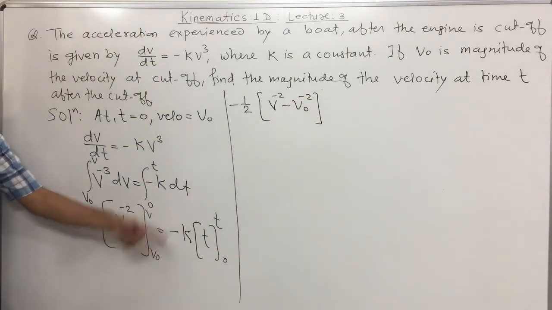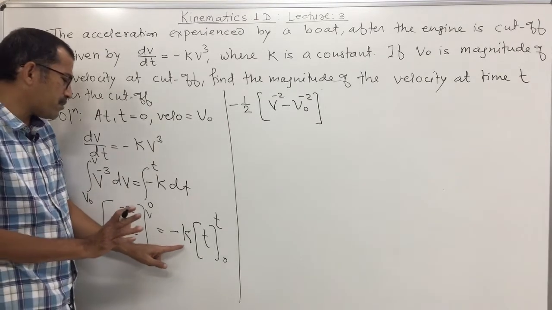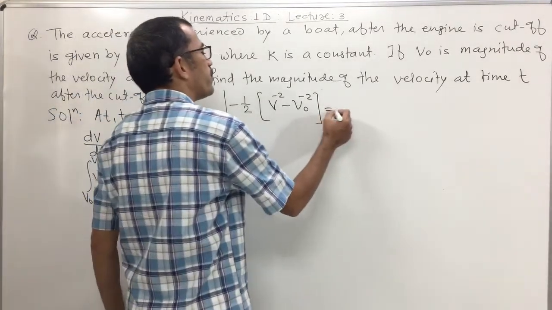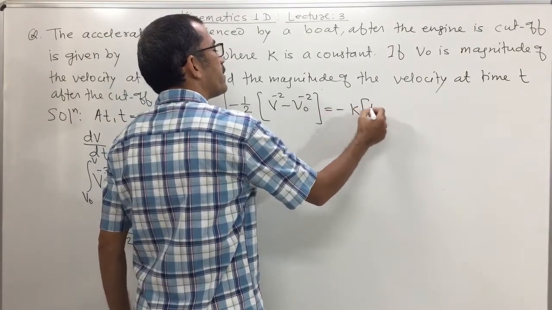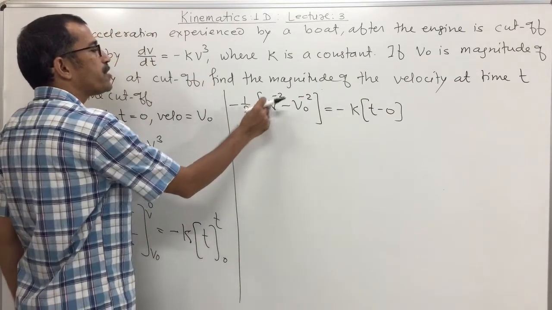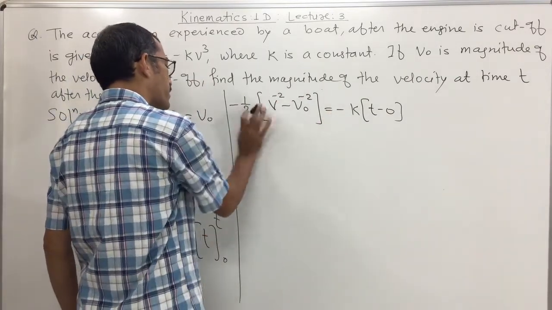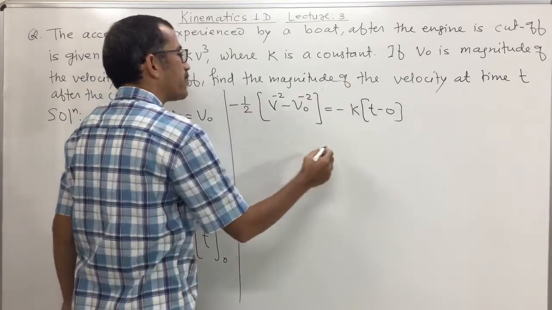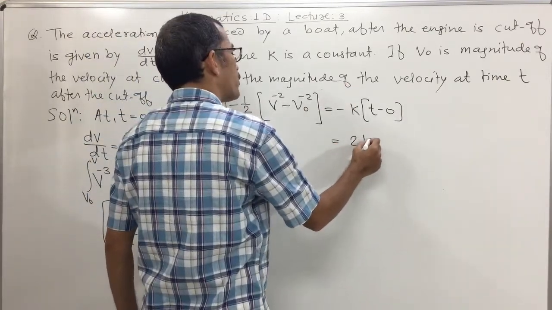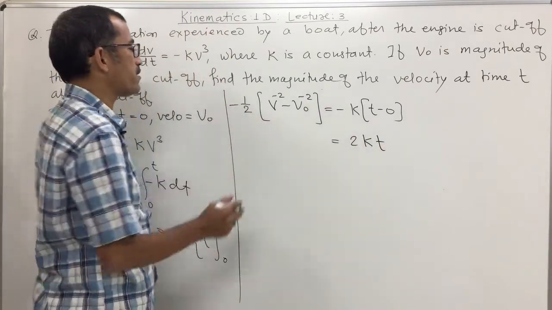Just upper limit minus lower limit, nothing special. On the right, minus k equals minus k t minus 0, the minus signs cancel. Now for v raised to minus 2, the minus minus cancel, the 2 goes to the right side and we get 2kt, clear. This 2 is on the right side, minus minus cancel.